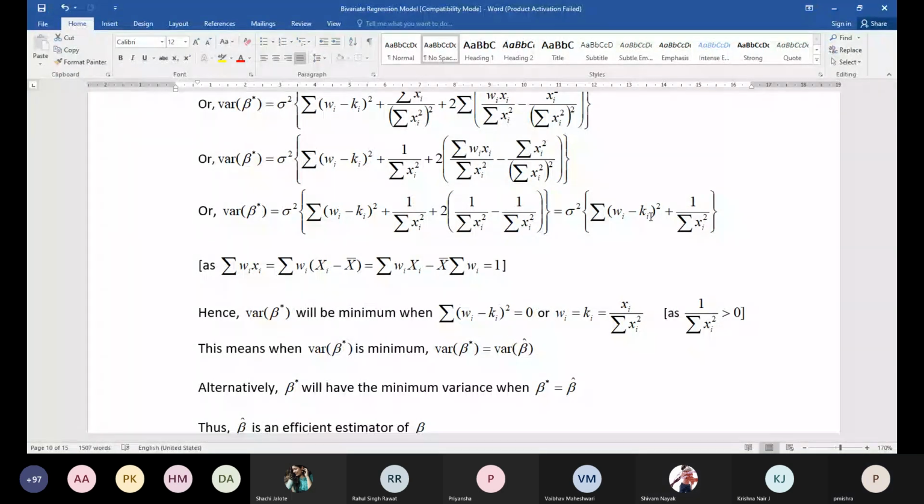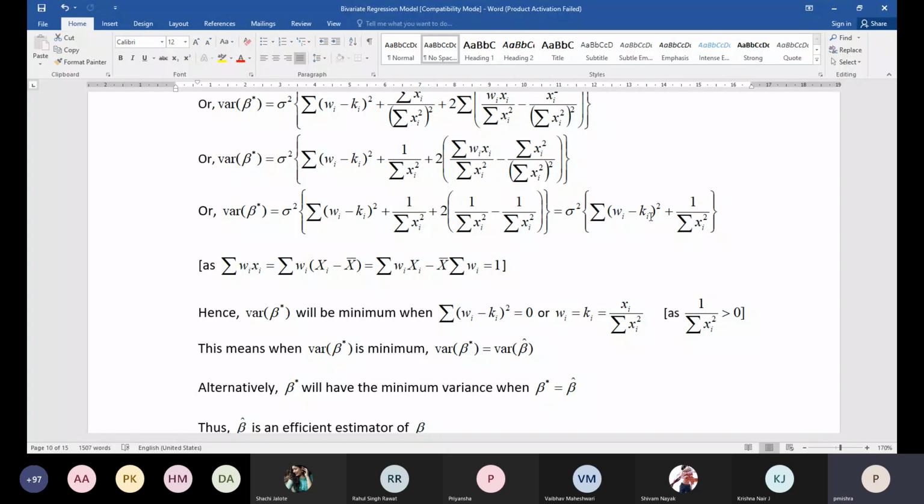Sir, why does minimum variance imply that it is an efficient estimator? See, statistically, what we are saying here, for a particular parameter, say beta, there may be alternative estimators, like say beta star, beta hat, etc. Let us assume that both are unbiased.